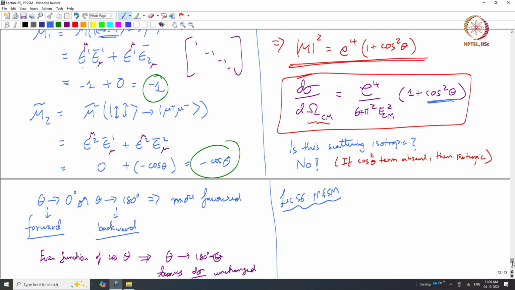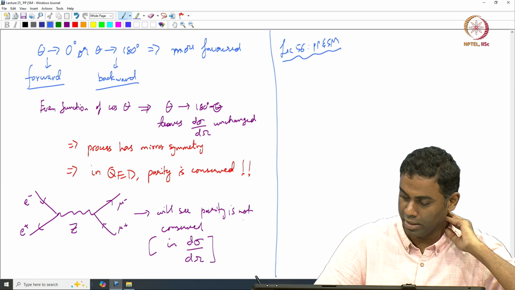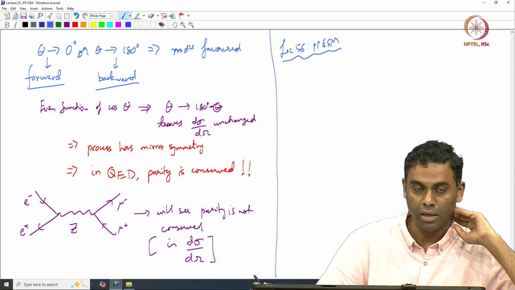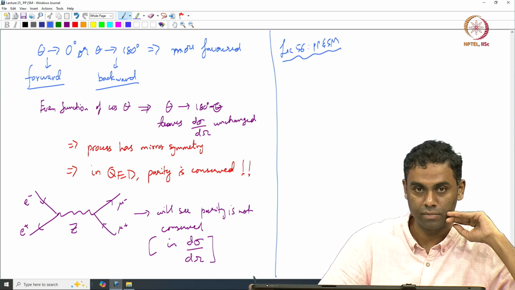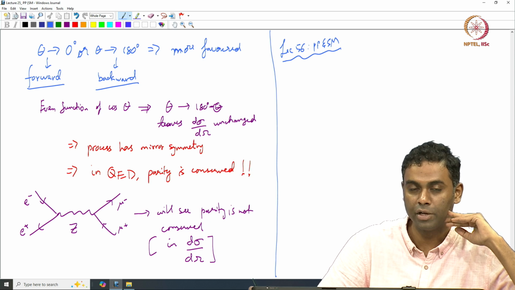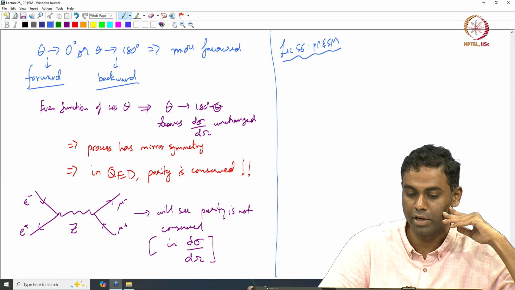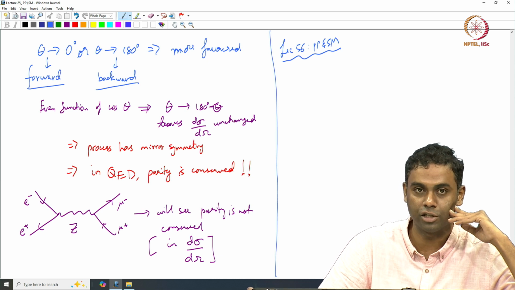So scattering is not isotropic, but we still have one symmetry in the problem, which is mirror symmetry. If I replace theta with 180 minus theta, because cos^2 theta is an even function of cos theta, you do have a symmetry in the forward and backward directions. That is not surprising because after all parity is conserved in QED, and we did only a QED calculation.